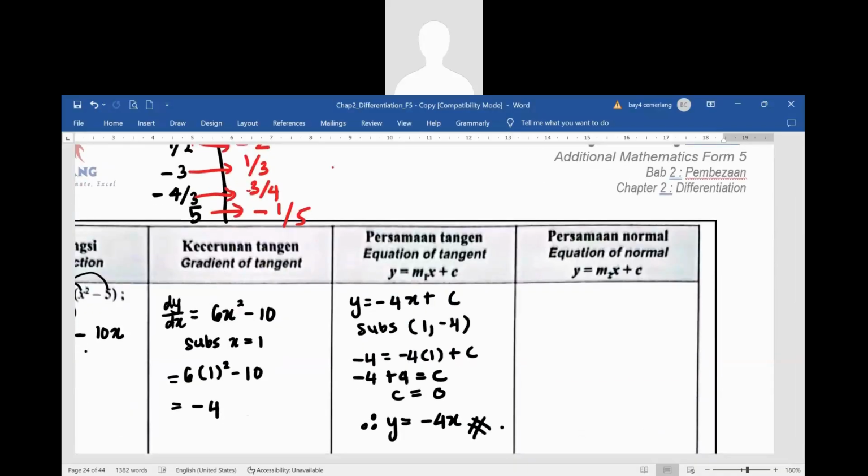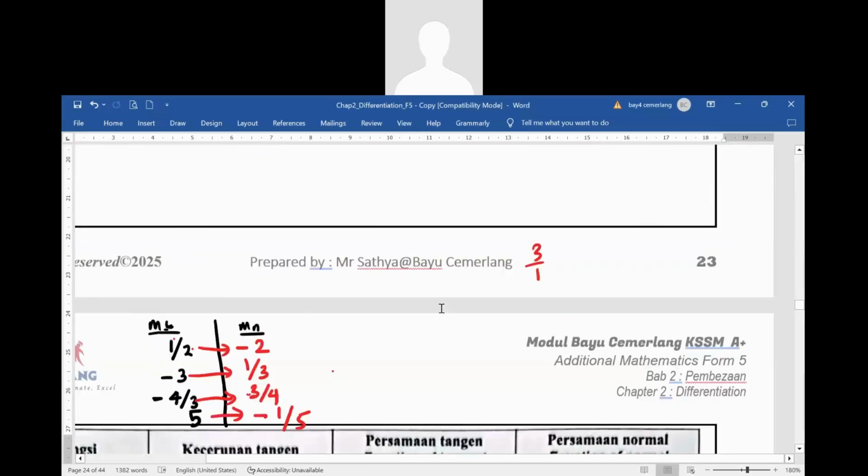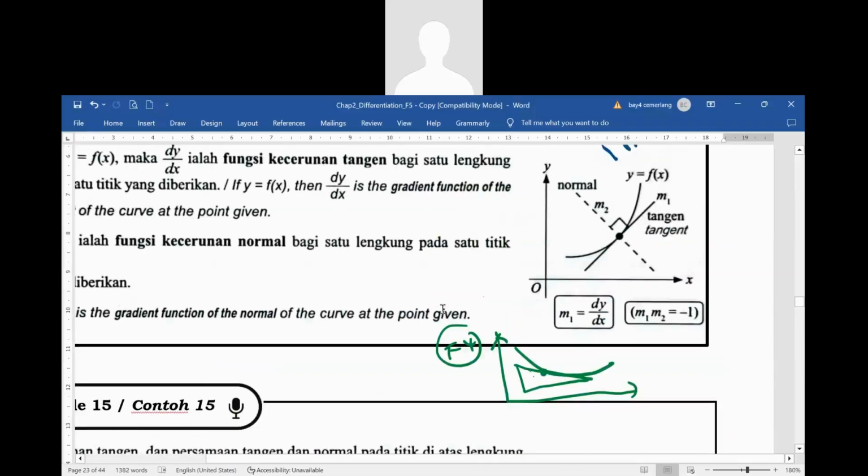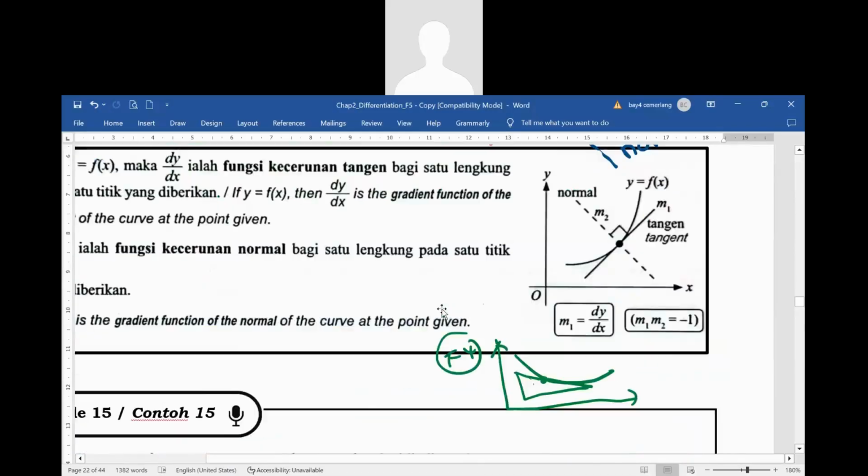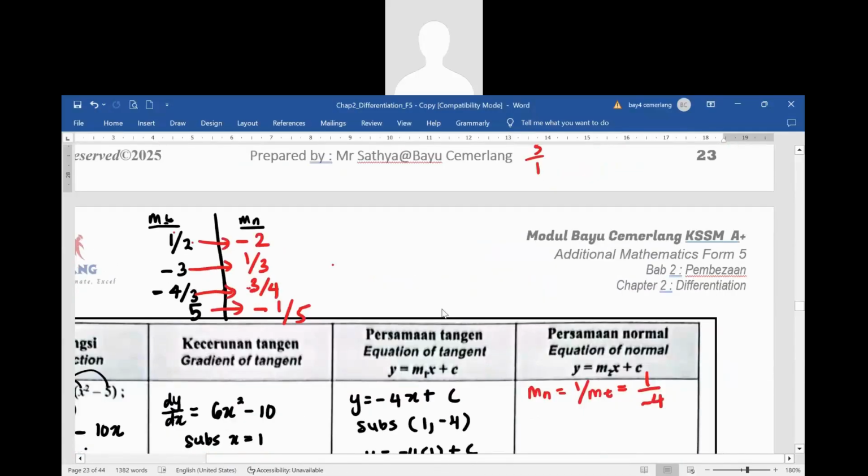So the gradient of normal equals 1 over the gradient of tangent, which is 1 over negative 4, so negative 1 over 4. I'm sorry, I gave the formula wrongly just now. Wait.